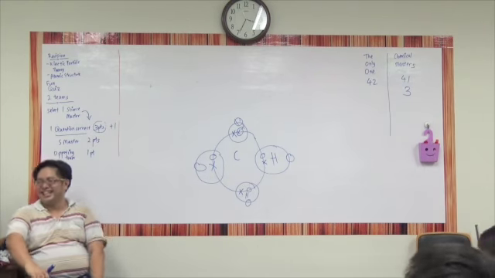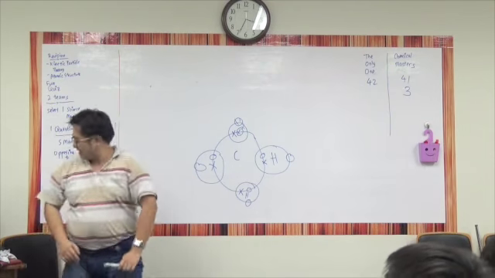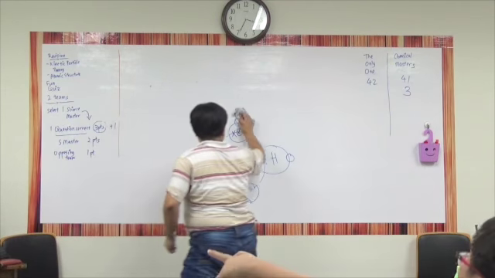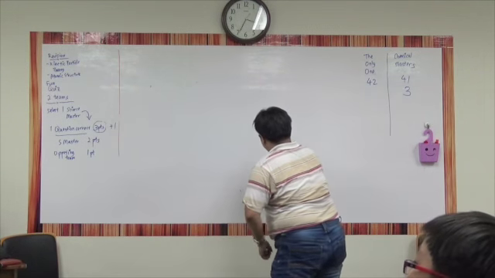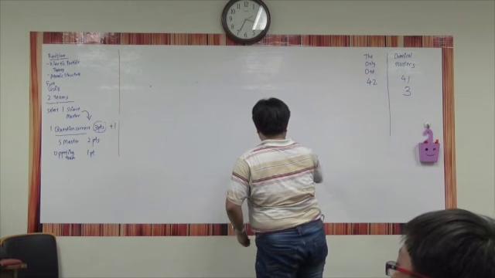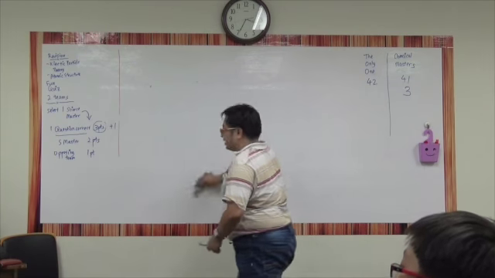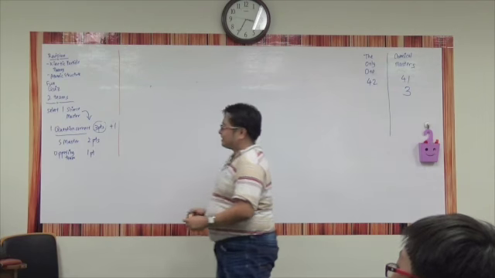Minus 3, minus 1, minus 10. That's too long. Okay, so what is ionic bond? I want to hear from you.